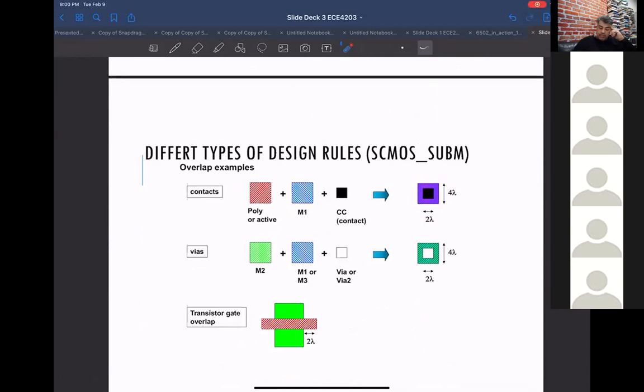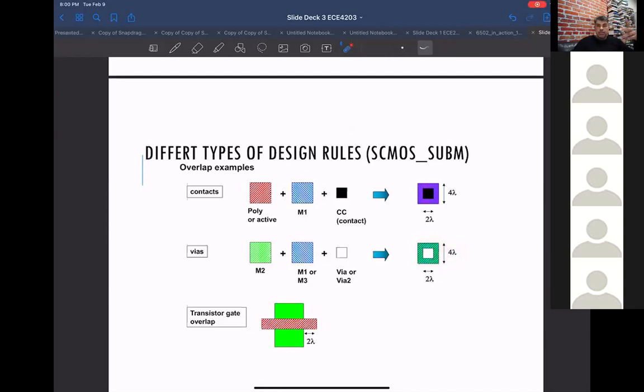Same with vias. So whether you have, in this case, metal 1, metal 2, and a via, the exact via size needs to be 2 lambda, and the overlap, meaning the size of the metal 1 or metal 2, needs to be 4 lambda.